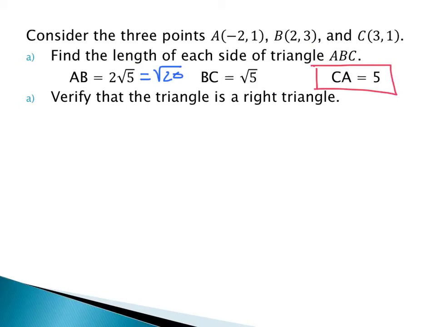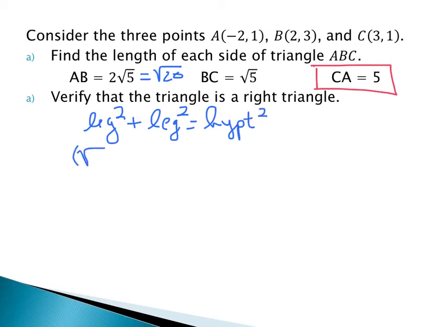So what we want is leg squared plus leg squared equals the hypotenuse squared. So let's take root 20 squared plus root 5 squared equals 5 squared. Well, root 20 times itself is 20 from what we did previously.